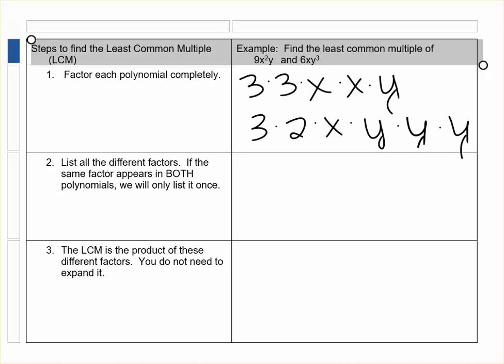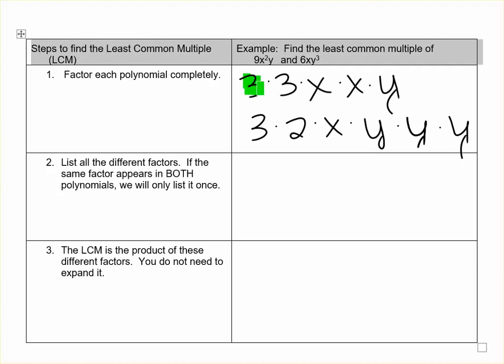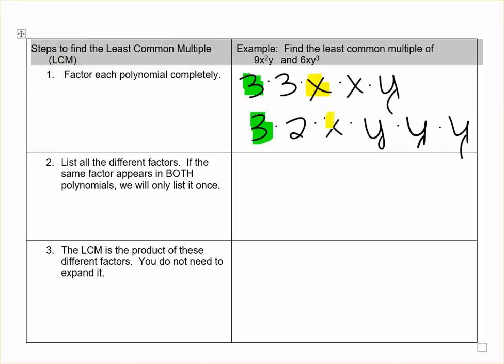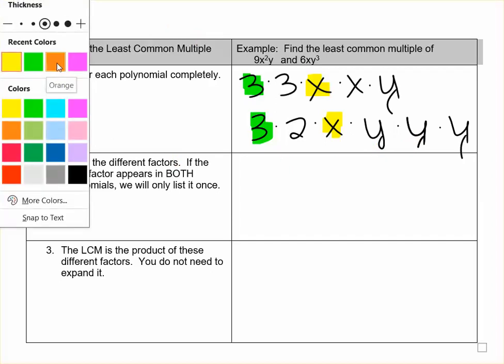Now I'm going to look for matching pairs. I notice that both of these have a 3. So I'm only going to list that 3 once. Then I see that there's an x in both of them. So x appears once in both. And then I notice that I also have a y that appears once in both.